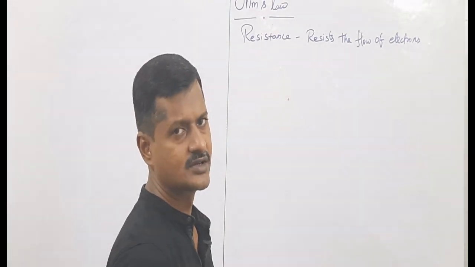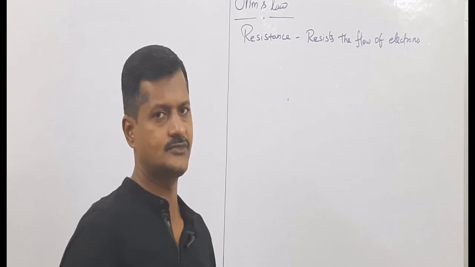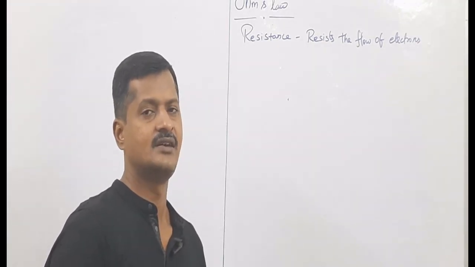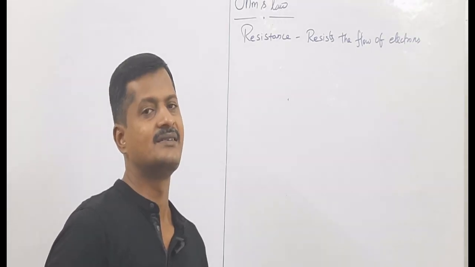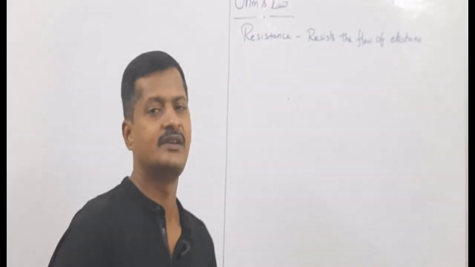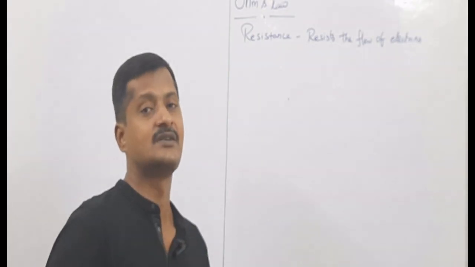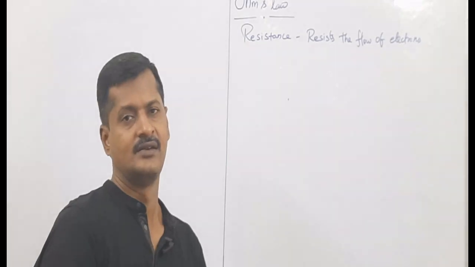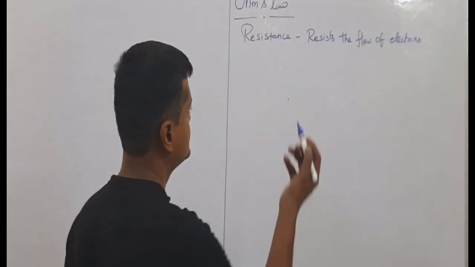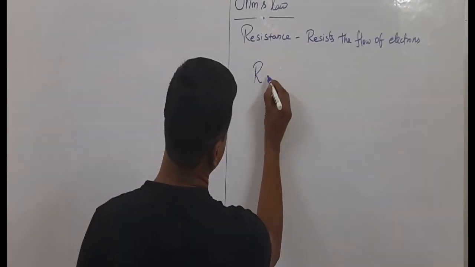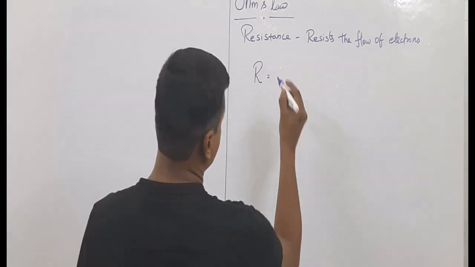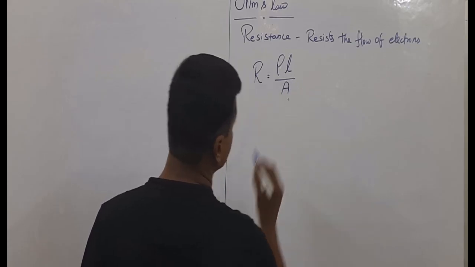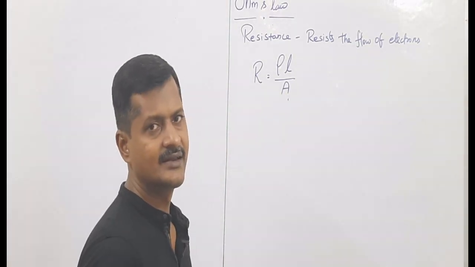So this resistance property depends upon the material and also it depends upon the length and cross section area of the conductor. Resistance is denoted by R, that is equal to rho L by A.